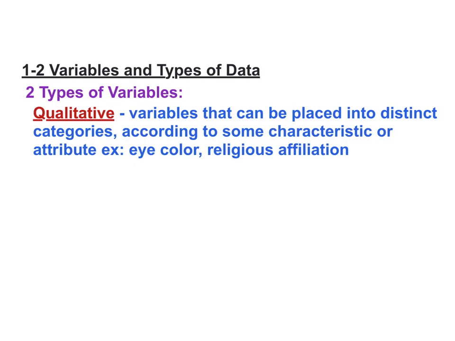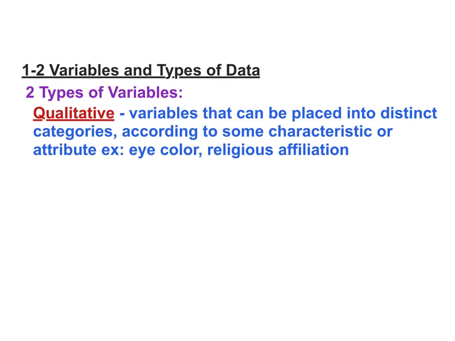Examples are eye color. That's a quality. Whatever color your eyes are, that is a quality that you possess. Your religious affiliation, that is a quality that you possess. Okay? So again, think about it that way. Qualitative, the root word is quality.